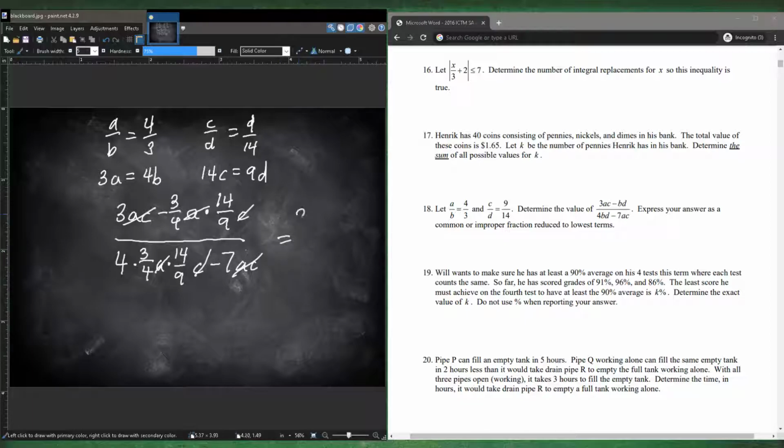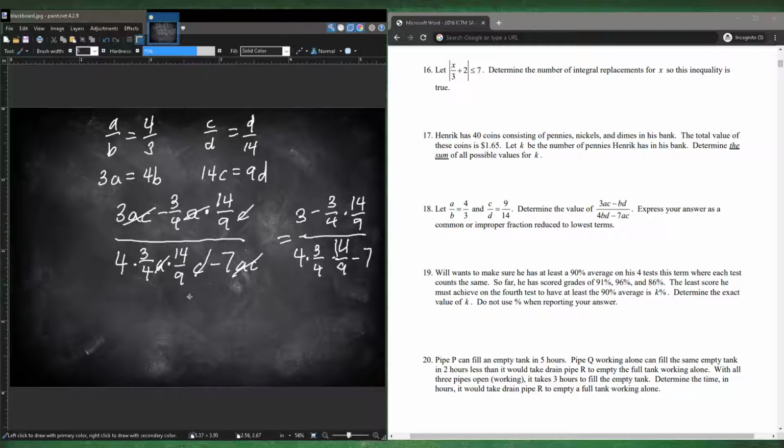And now we just have 3 minus 3/4 times 14 over 9, over 4 times 3/4 times 14 over 9 minus 7. Okay, simplifying the top: 3 times 14 divided by 9 divided by 4, and then 3 minus that number.